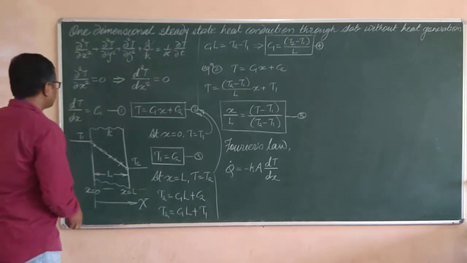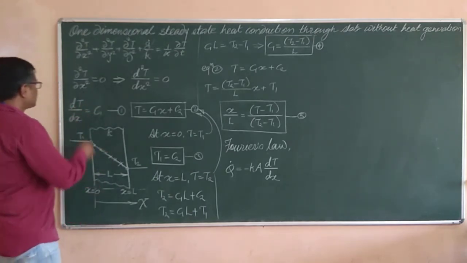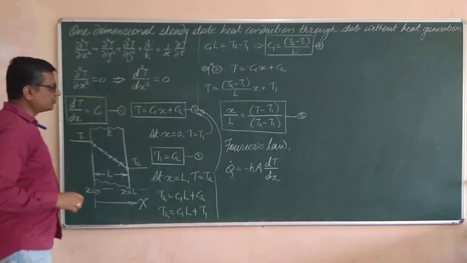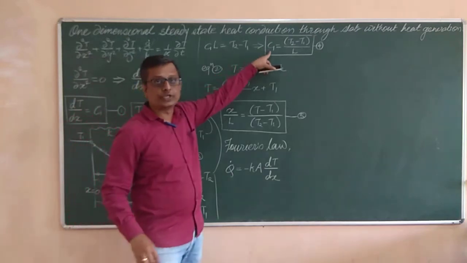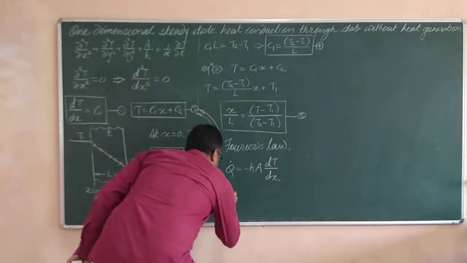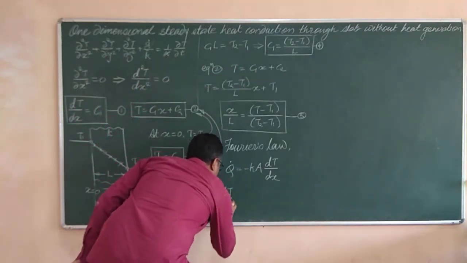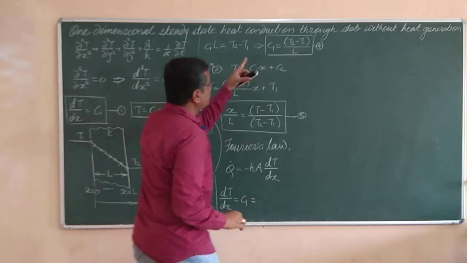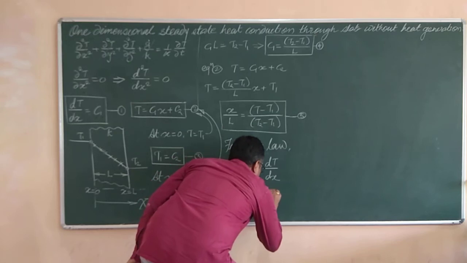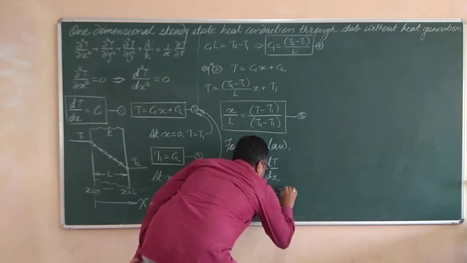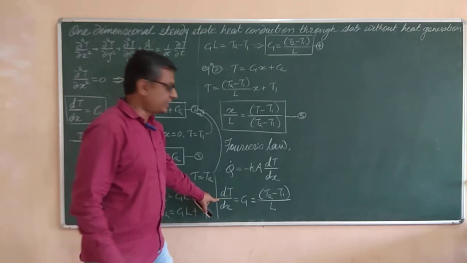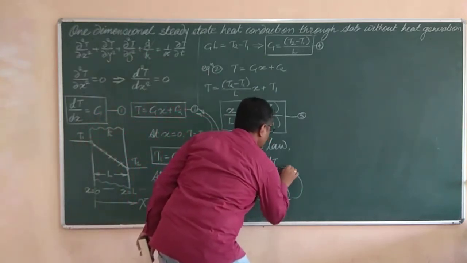You can see here is dT by dx, and the value of dT by dx is equal to C1, and C1 we already got it, it's over here. So I would like to write down dT by dx is equal to C1, and that is equal to T2 minus T1 divided by capital L.